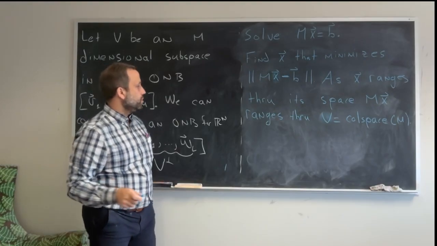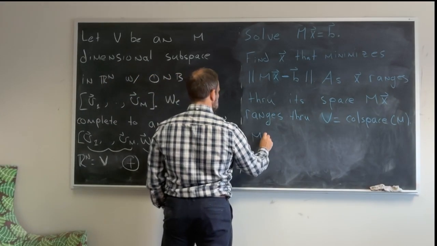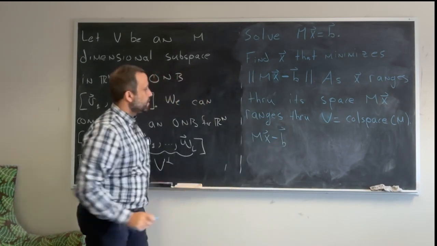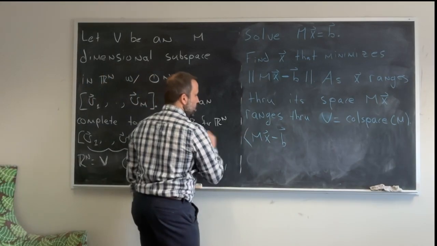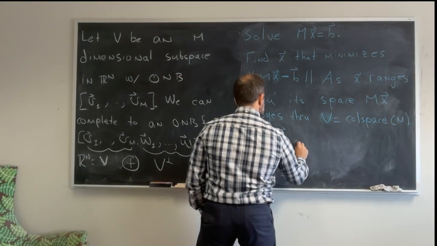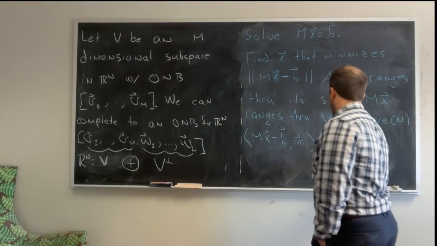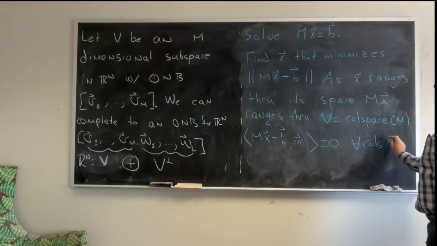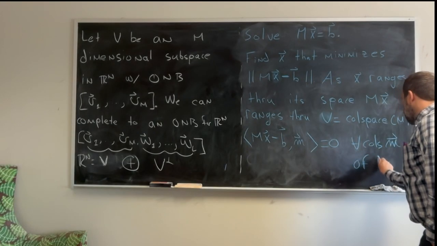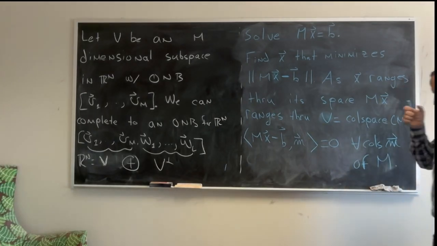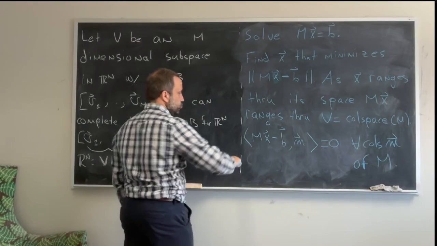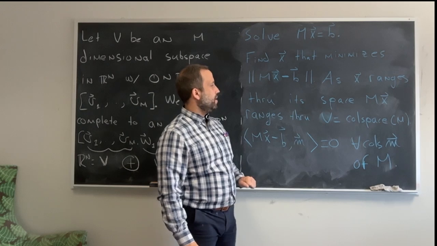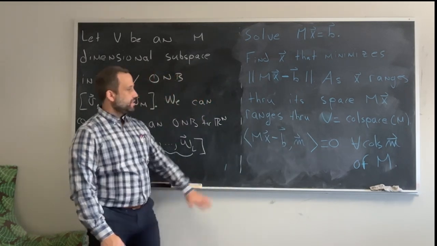In other words, we want to find a vector x such that Mx minus b is orthogonal to the columns of M. So again, we want this residual vector to be orthogonal to the space spanned by the columns of M. That's exactly what this says.